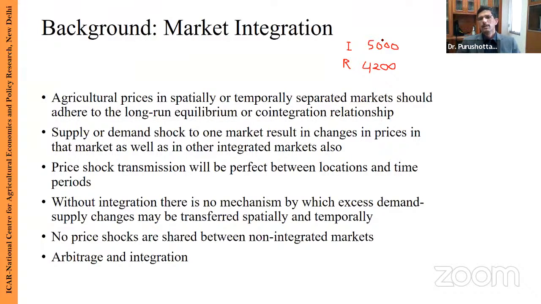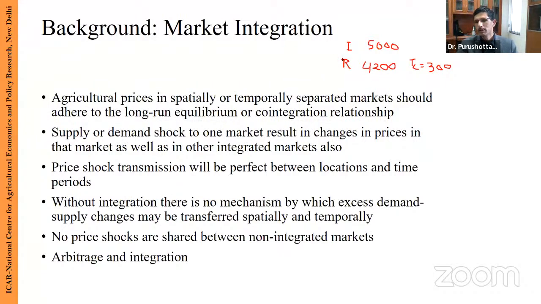So what will an intelligent player or trader do? He will work out the cost of transferring this commodity from Ratlam to Indore. Suppose that cost comes to 300, so the total cost would be around 4,500.